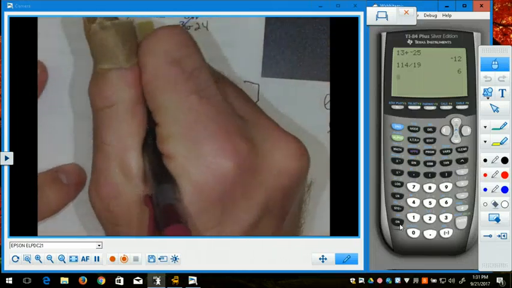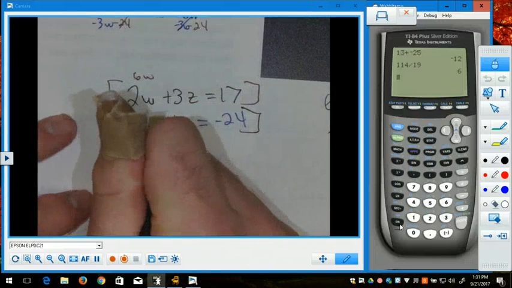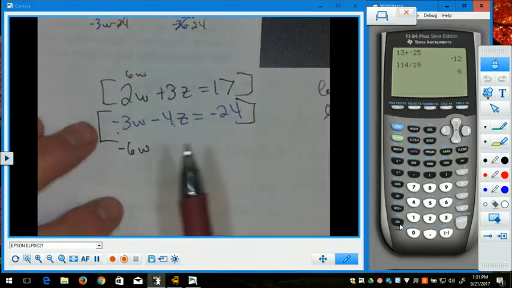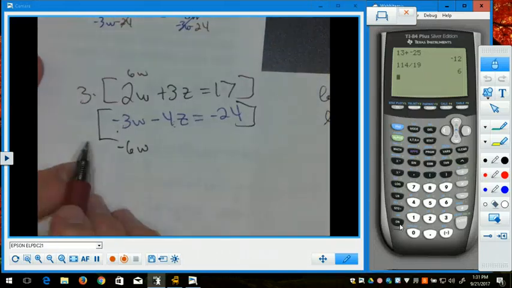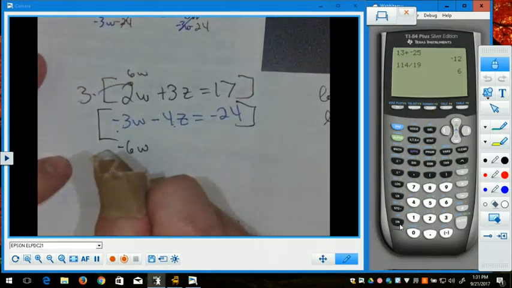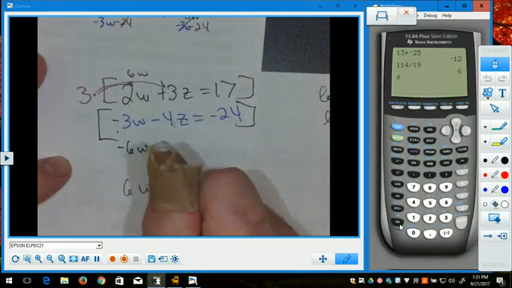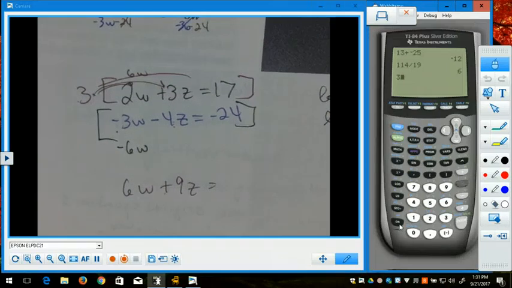To get this to be 6w on top, and this to be negative 6w on bottom, what times 2 is 6? That would be 3. I'm going to multiply my top equation by 3. So I'm going to do that right now. That's going to give me 6w plus 9z equals 3 times 17, which is 51.